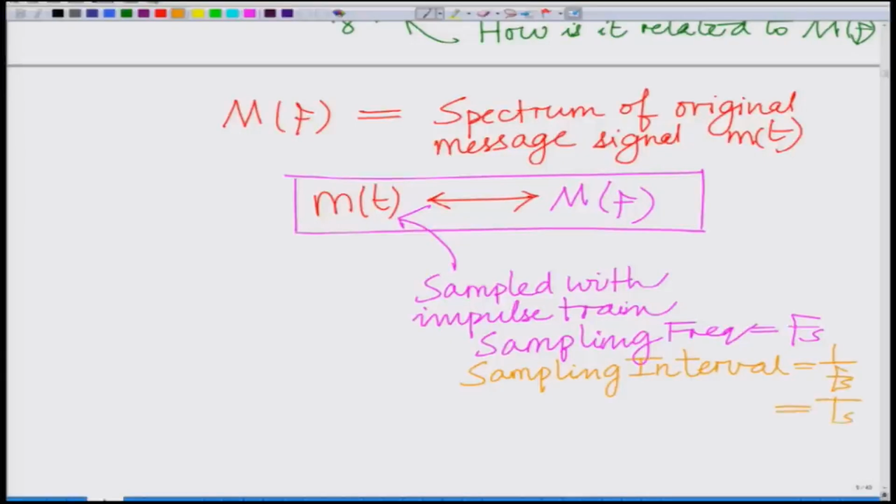Now, we get m delta t, which is your sampled signal.